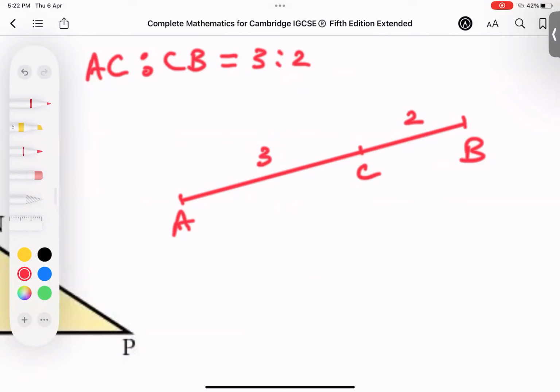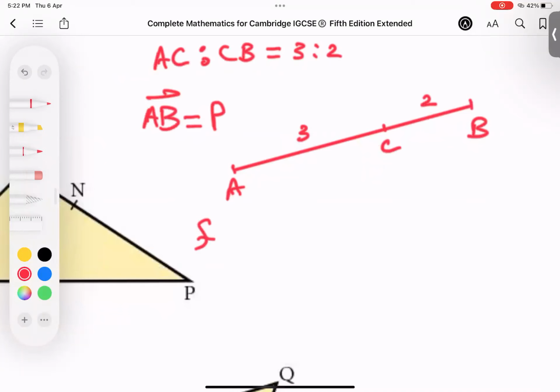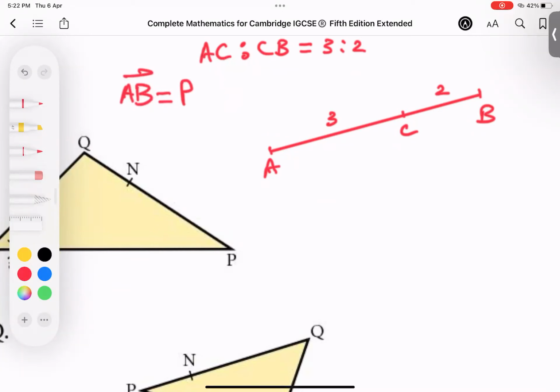And one more thing, just an example I'm giving you, that the AB vector is given as P. And I'm asking you to find 3 things.